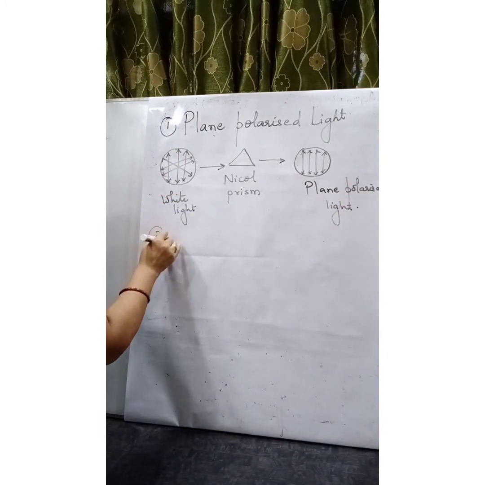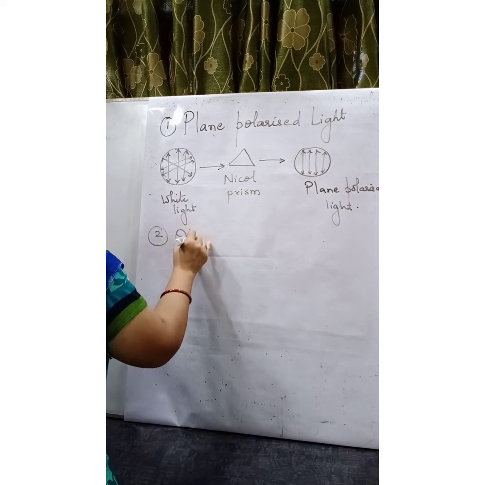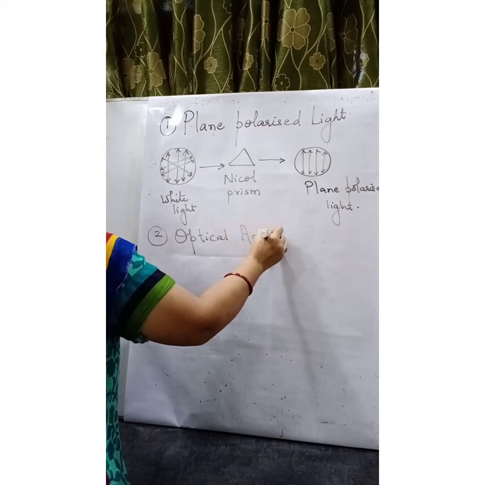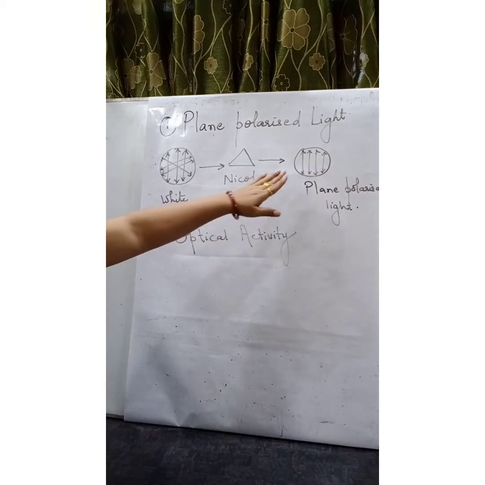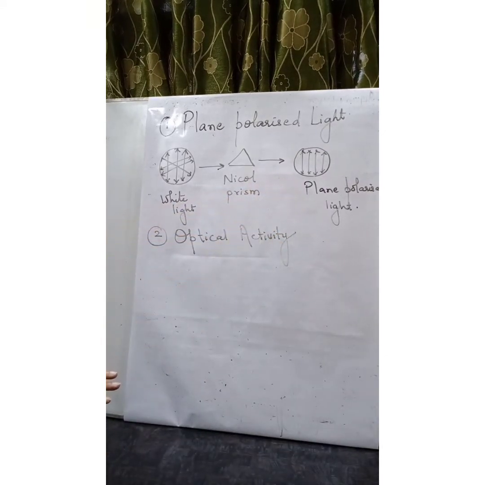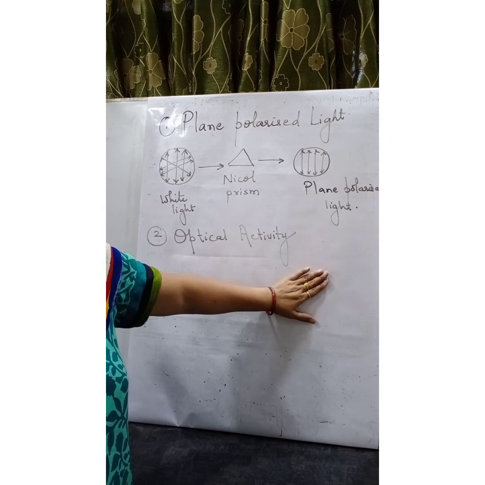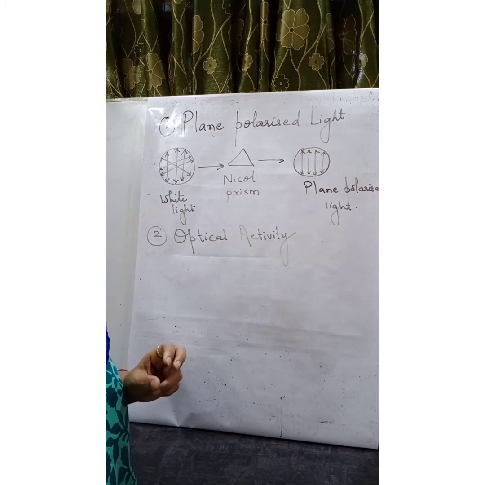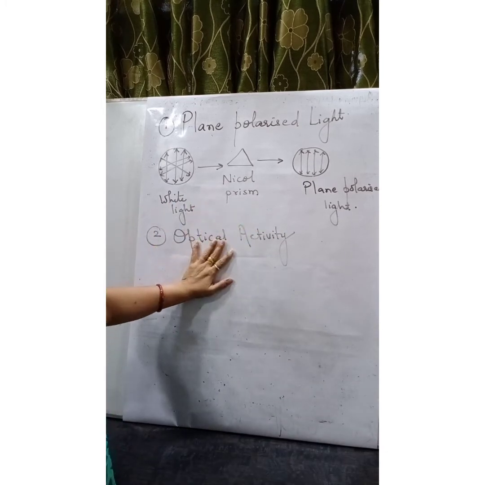The next term is optical activity. When this plane polarized light is allowed to fall on substances, the substances are capable of rotating this plane polarized light either towards left hand side or right hand side.